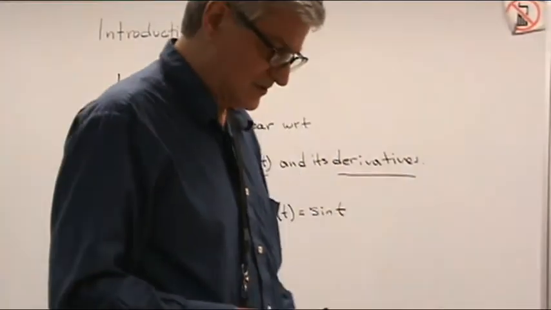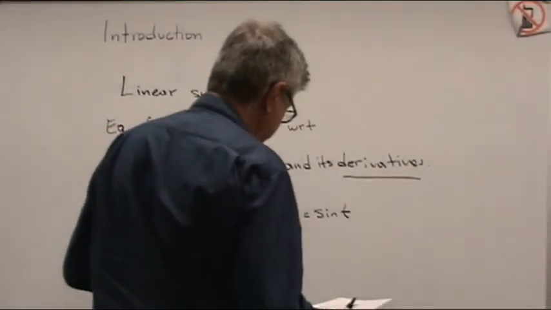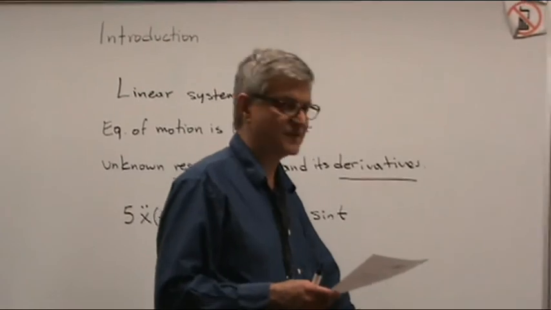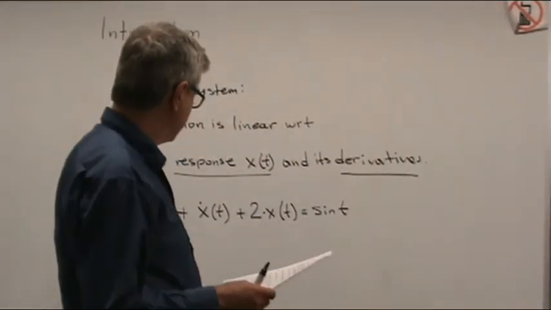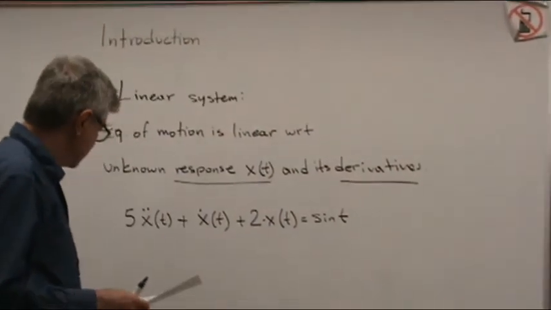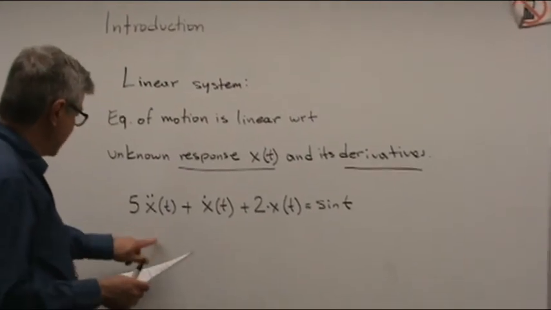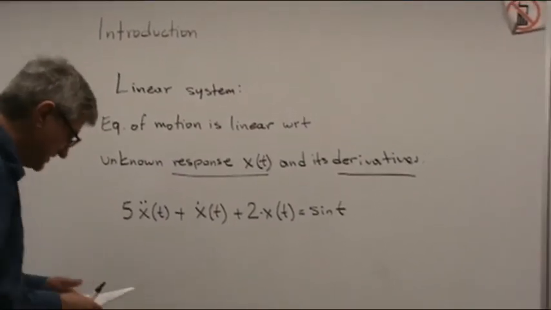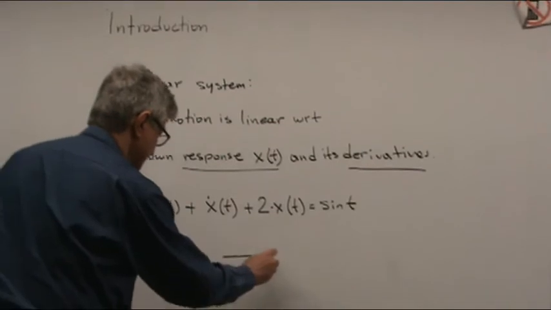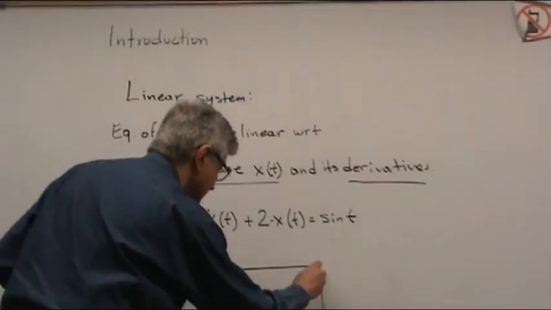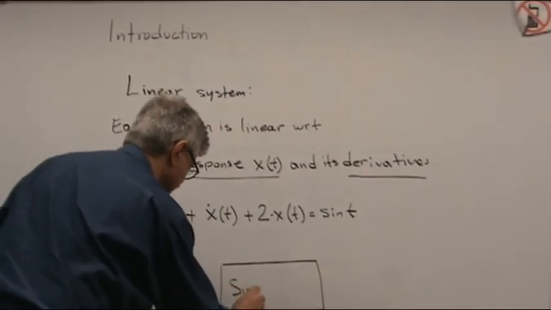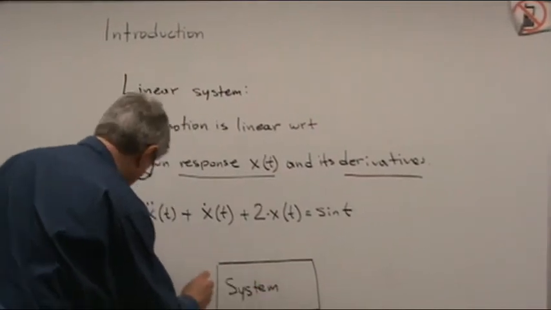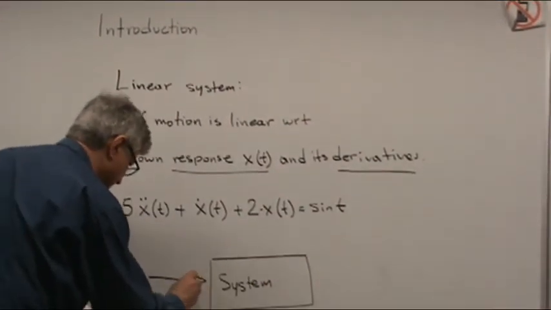So this is a linear equation. We are going to idealize a system as a box with one or multiple outputs. So if you have this equation, you can represent it as a box. Okay? This is the system. The input is the excitation.